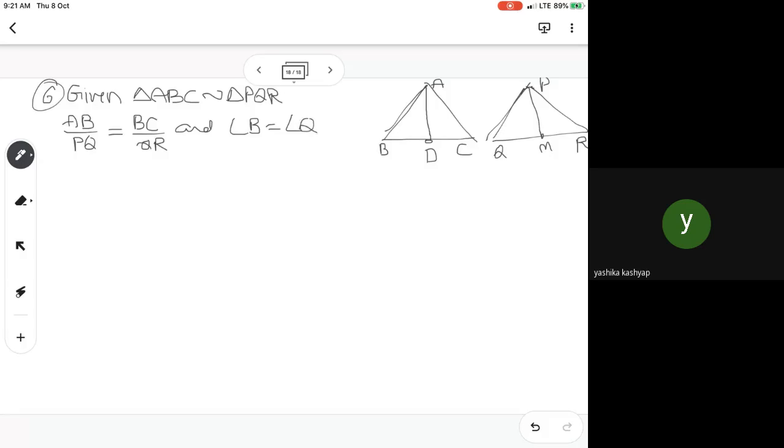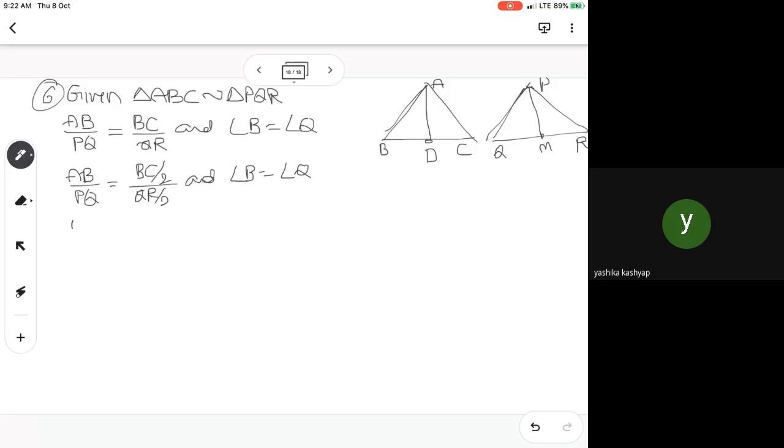Now you take AB by PQ is equal to BC by 2 by QR by 2, and angle B is equal to angle Q as it is. BC half, what is it? BC half is BD.